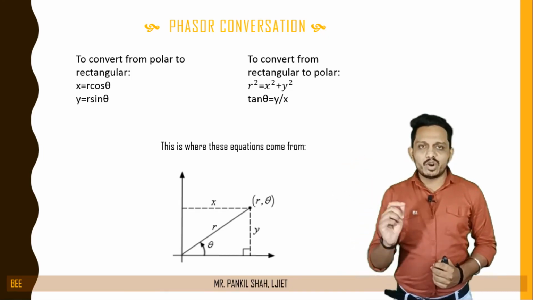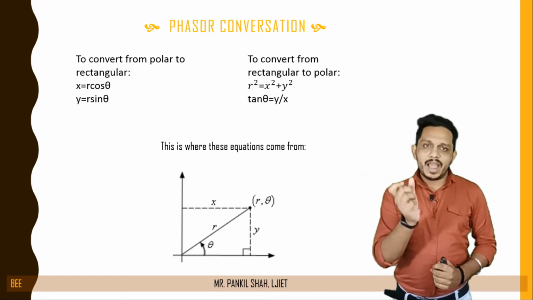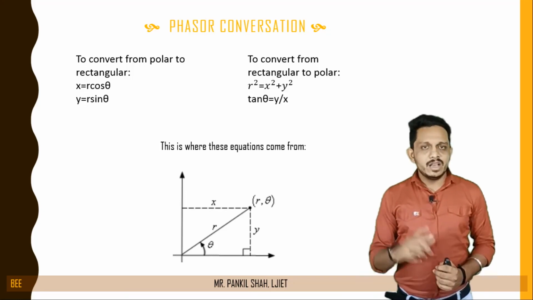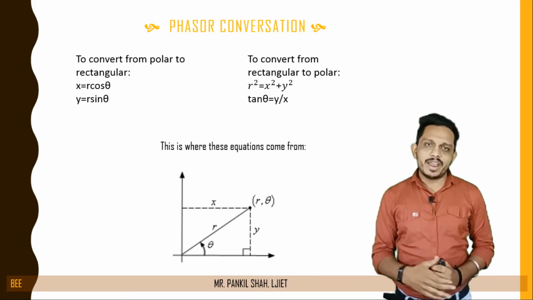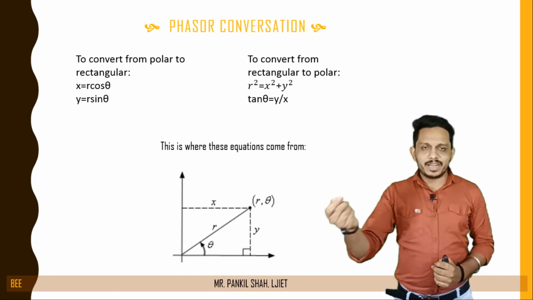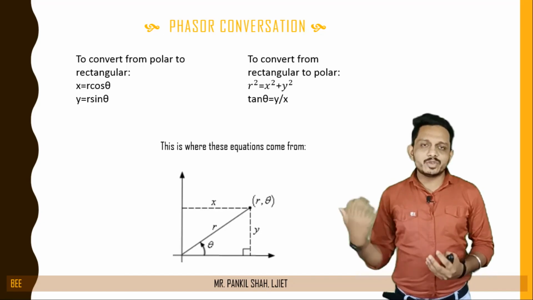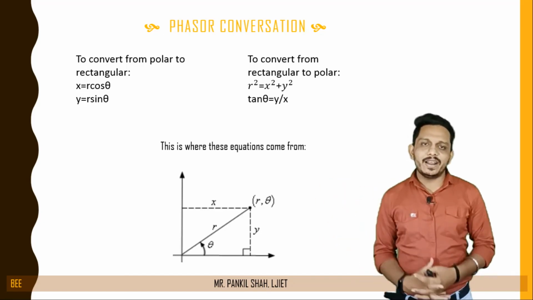To find x, we use r cos theta, where r is the maximum value of your quantity and theta is the phase angle. So r cos theta will be your x component and r sin theta will be your y component. R and theta will be given to you in the polar form, where r is the magnitude and theta is the phase angle. In this way you can find x and y, and by the x plus jy formula you can get the rectangular form.